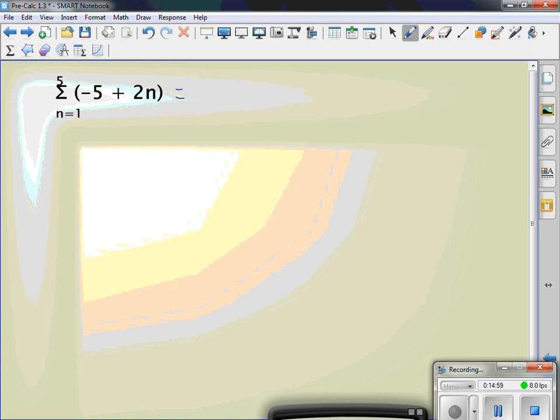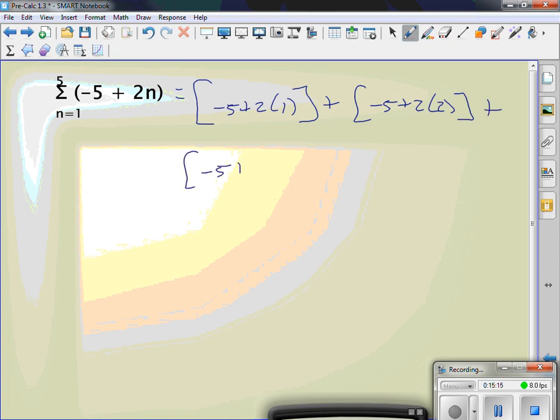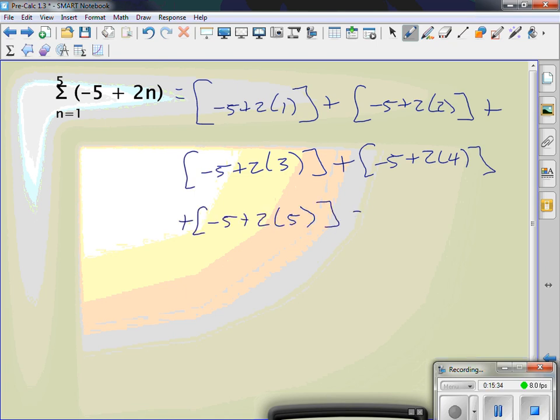All I'm going to do is write -5 plus 2 times 1, the first term, plus -5 plus 2 times 2, plus -5 plus 2 times 3, plus -5 plus 2 times 4, plus -5 plus 2 times 5. I stop there because that's the 5. I can't make this shorter yet.